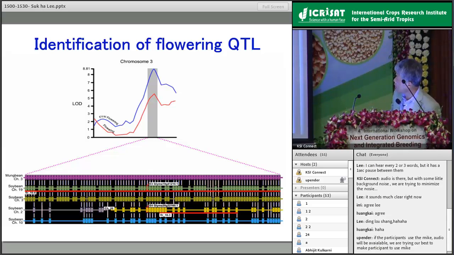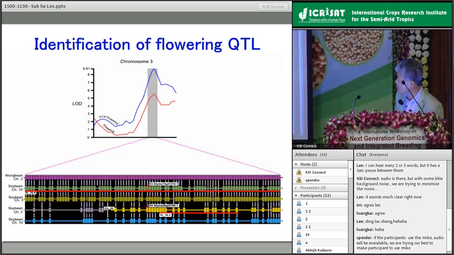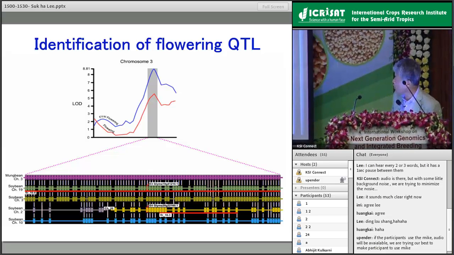We compared those QTLs with QTLs in soybean. We found that the gene for flowering in soybean was already identified in these regions. One of those is the E3 gene, and another gene was also reported in soybean on other chromosomes.